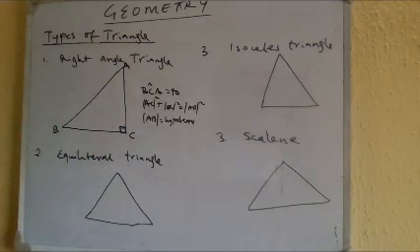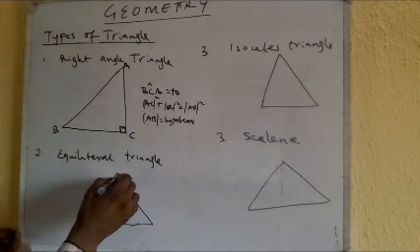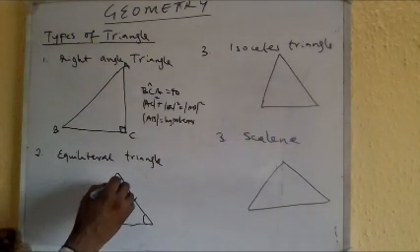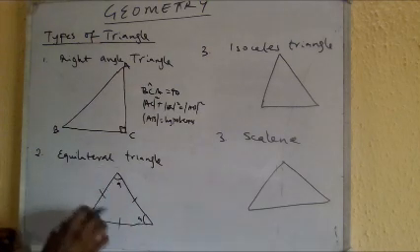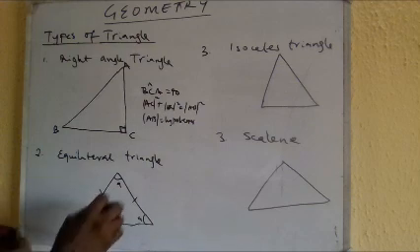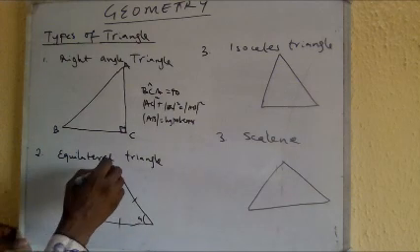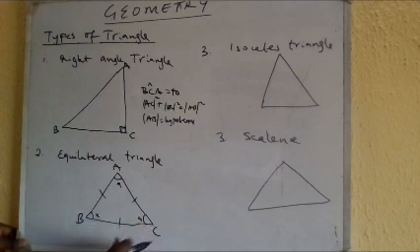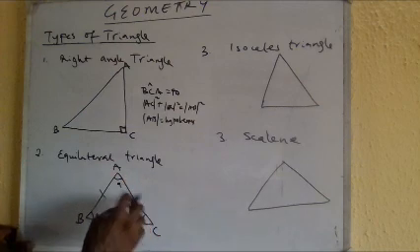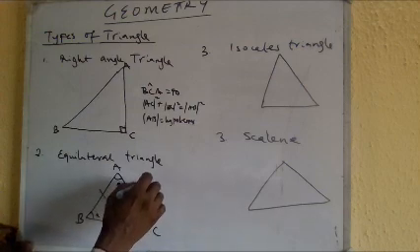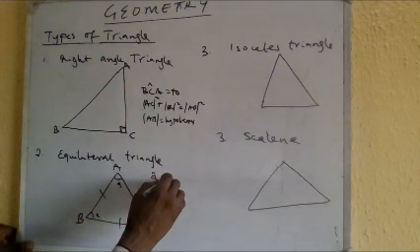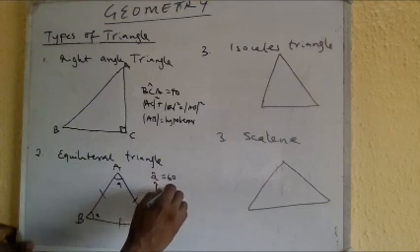For an equilateral triangle, all the angles are equal and all the sides are equal. So I have A here, A here, A, denoting that all the angles are equal. And if the angles are equal, it means that all of them are 60 degrees. So if I have A, B and C forming the vertices of this triangle, this is an equilateral triangle because angle A is equal to 60, angle B is equal to 60, angle C is equal to 60.